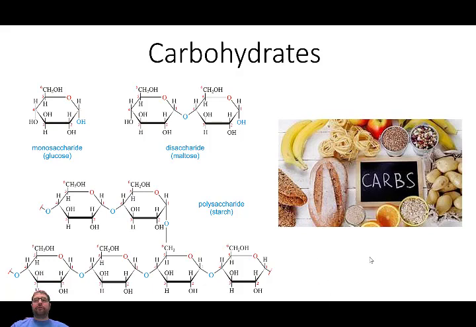So when you think of carbs, you're thinking of this: bread and pasta and potatoes and things like that. Yes, all of those have carbs. Okay? And all of those have carbohydrates. But everything else that you can think of is the result of carbohydrates.